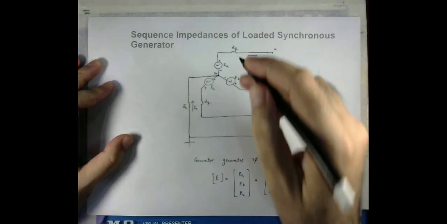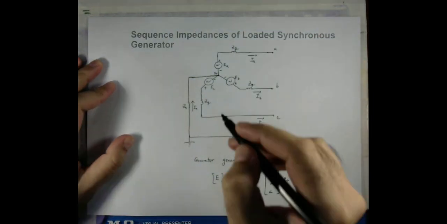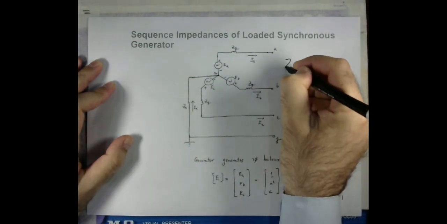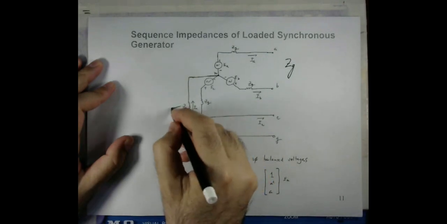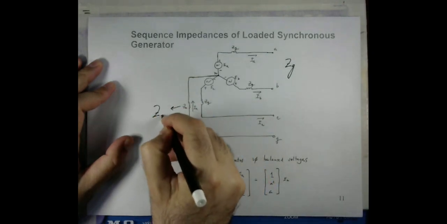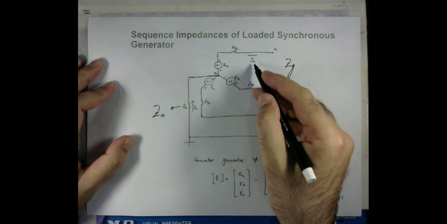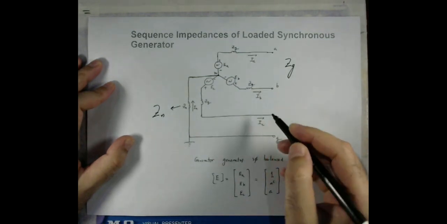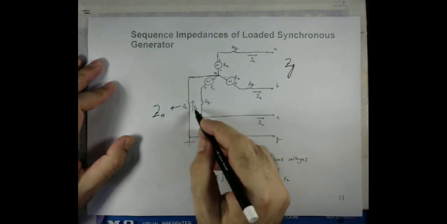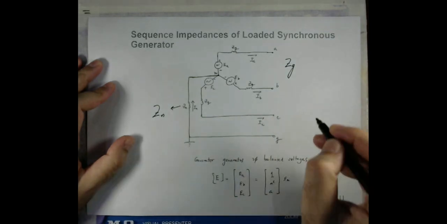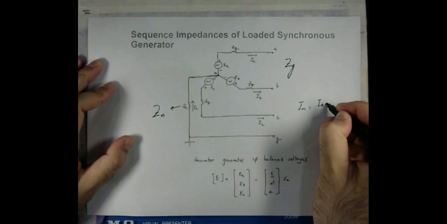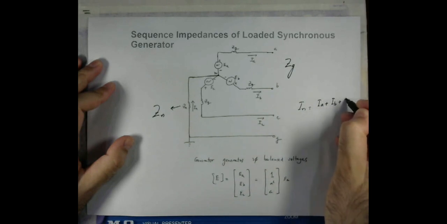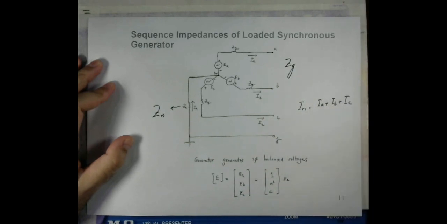So in each phase we have the impedance Zg, and this is the impedance to the ground, which is Zn. We have three phase currents, Ia, Ib, and Ic, and the current through the neutral is In, which is the sum of the three phase currents, as you know from your previous knowledge.